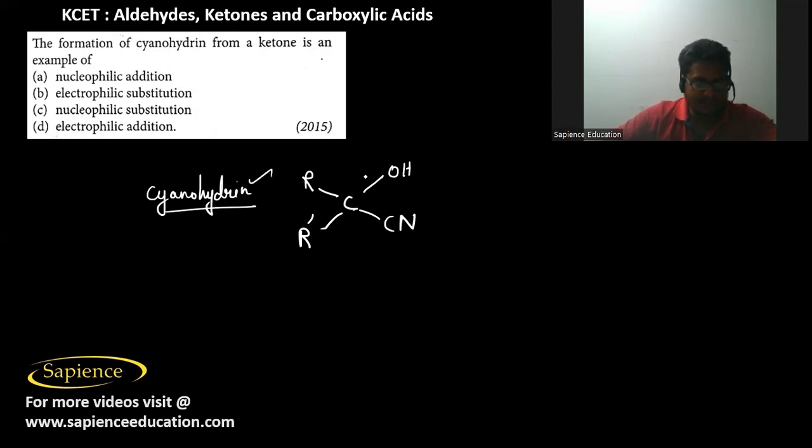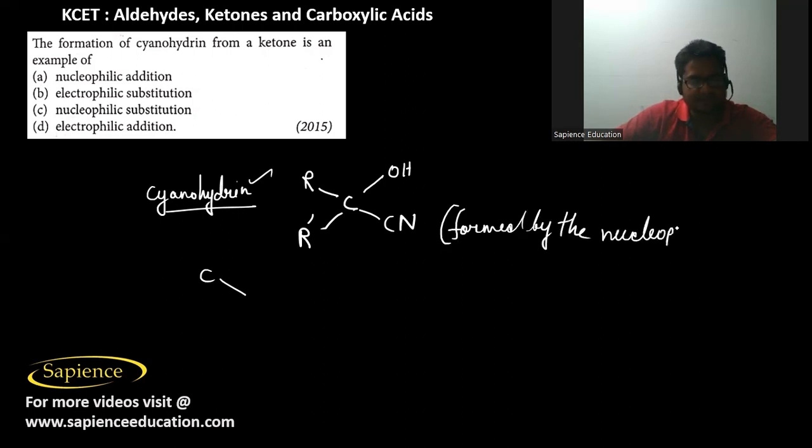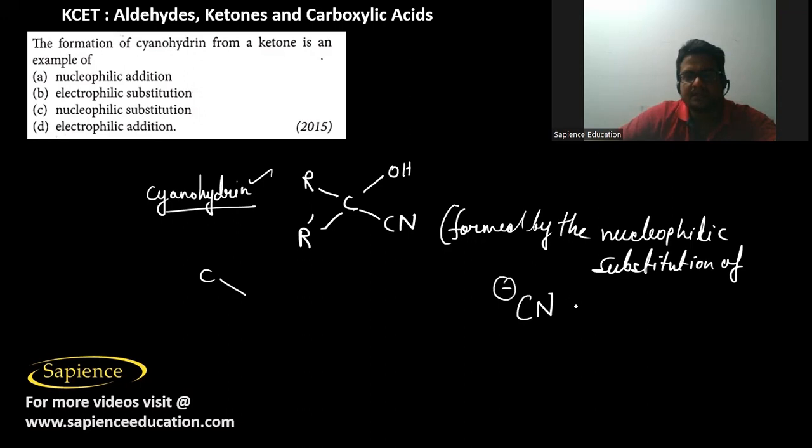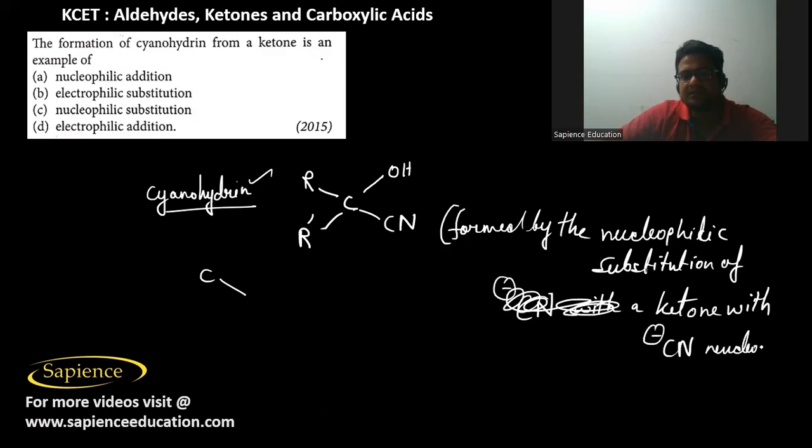So then it is called a cyanohydrin. So cyanohydrin is formed from a ketone by the nucleophilic substitution of a ketone with the cyanide nucleophile.